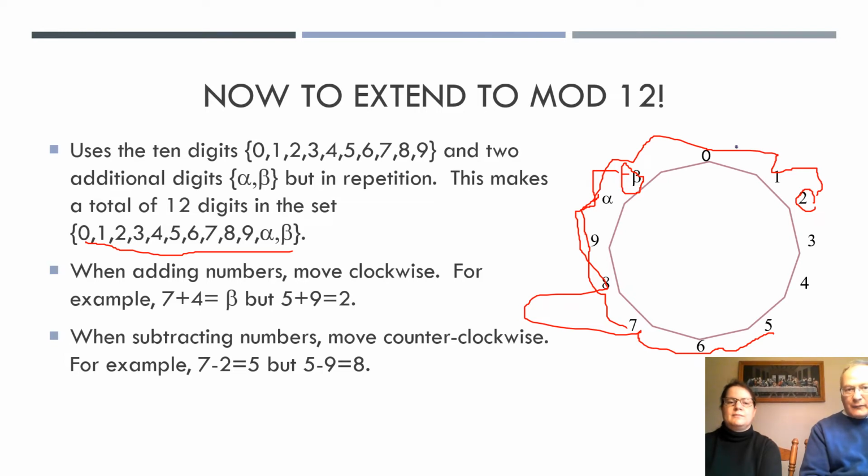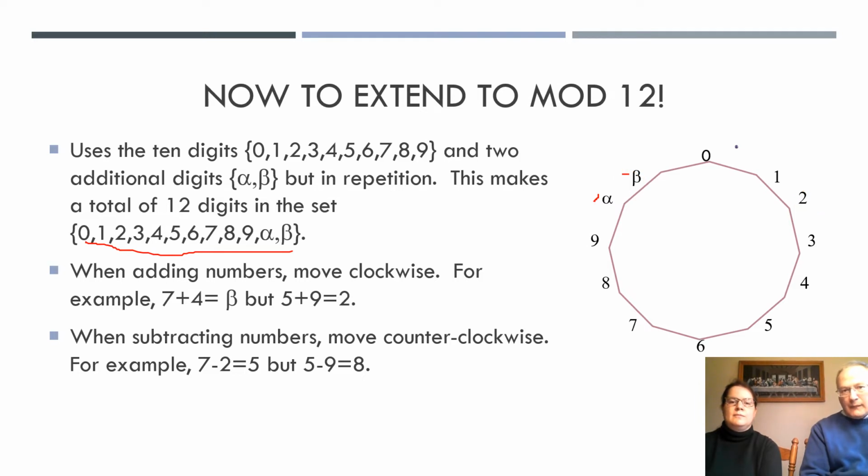So likewise with subtraction, so let's see, 7 minus 2 is 5, that's not very strange.